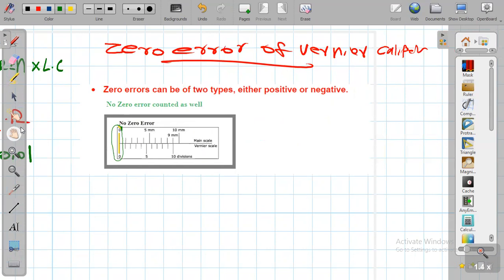Right. Now copy this diagram. Write this in a new line. This condition is known as no zero error. Copy this diagram, it will only take one minute.